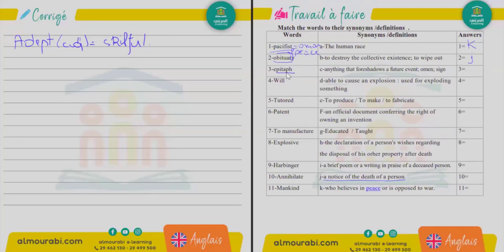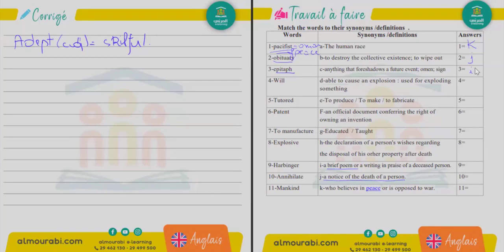All right, what about the epitaph? On graveyard stones, where the grave is, they write a poem. That's an epitaph. So this is a brief poem or writing in praise of a deceased person. Okay, so this is 3 plus I. It's a poem on the gravestone, where we bury dead bodies.